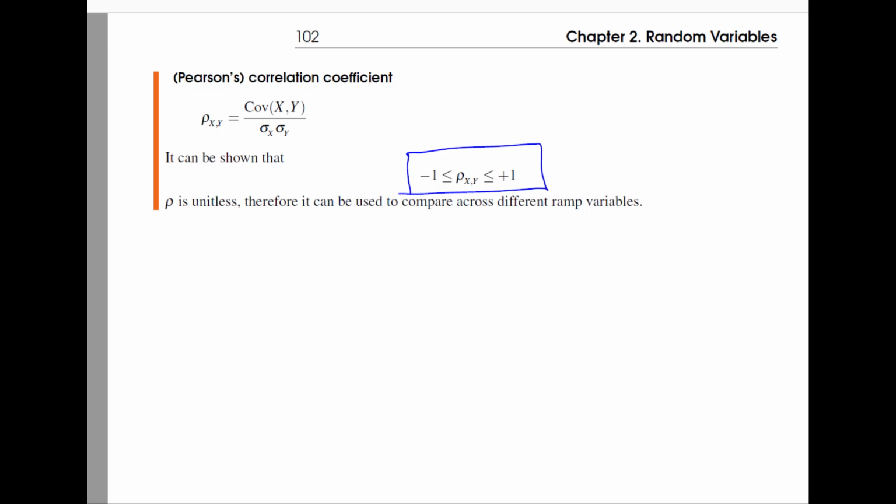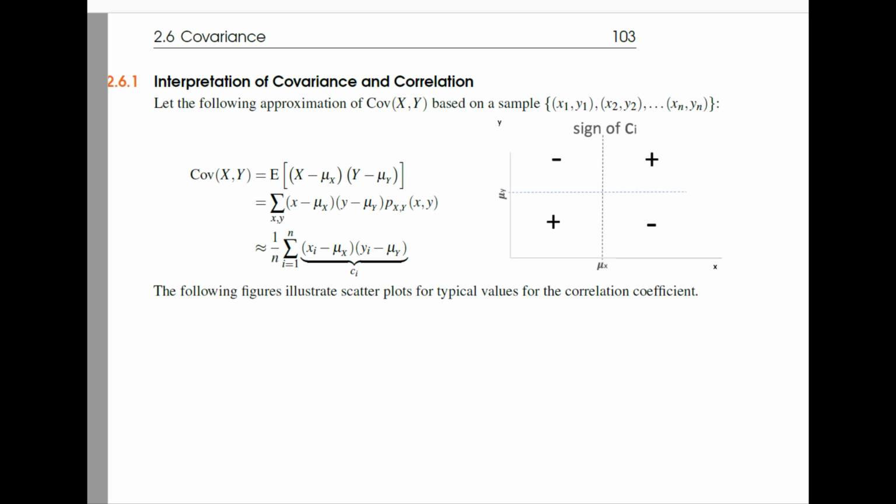Very good. So let me try to give an intuition of what the covariance represents. I already said at the beginning, it measures how linear these variables are.